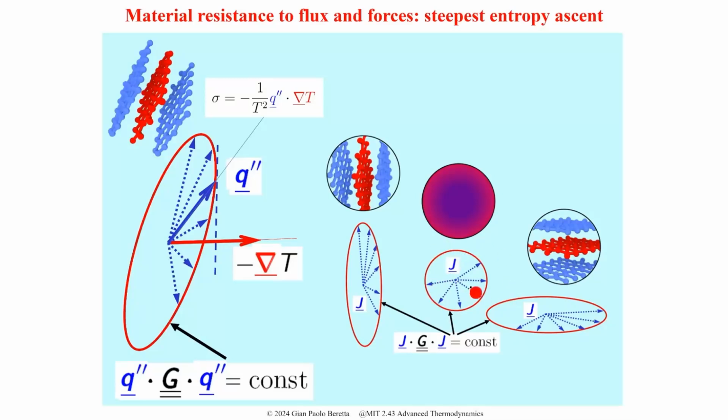All directions are equivalent. And if all directions are equivalent, which one is the direction of steepest entropy ascent? It's the same as the gradient of T, because the vector q has the maximal projection on the red vector when they are collinear.